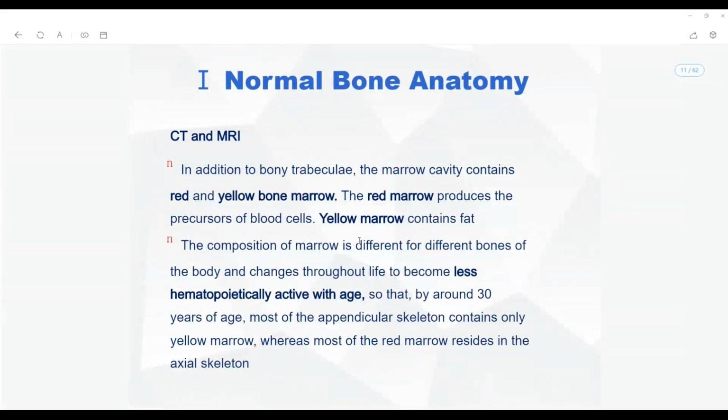Now let me give you a case scenario. A 40-year-old male has undergone surgery to his femur shaft after meeting with a road traffic accident.